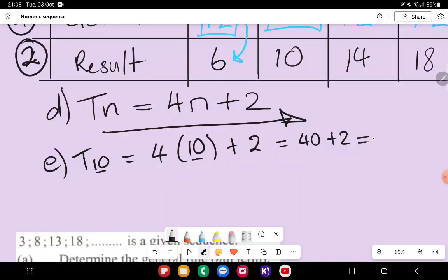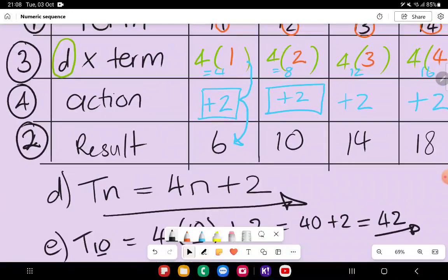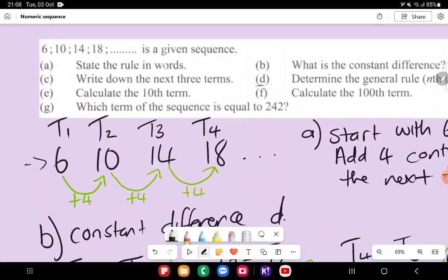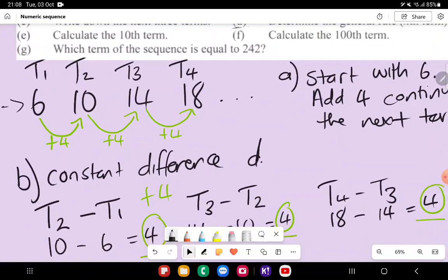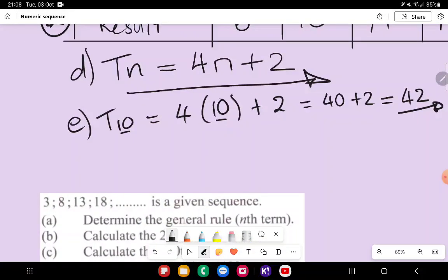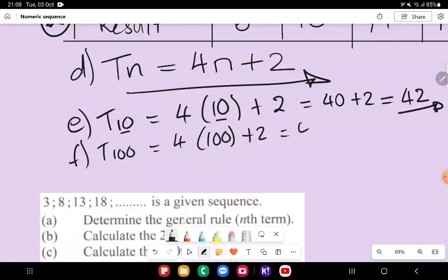So term 10 is equal to 42. Next question. Calculate the 100th term. Question F. Term 100 is equal to 4 times 100 plus 2, which is 400, plus 2, which is 402.